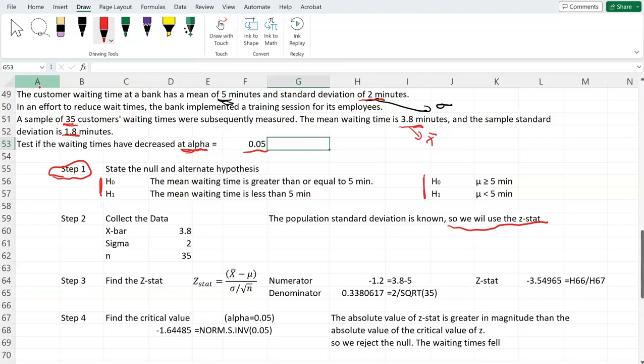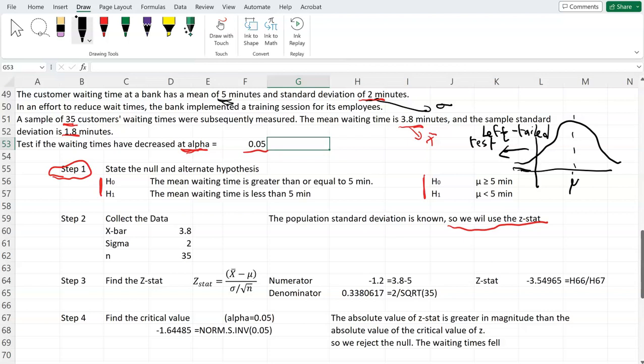If we drew the distribution here, if this is my mean, since I want the waiting times to be reduced, I would like any number beyond a certain value to be in the rejection region. So this is going to be a left-tail test.